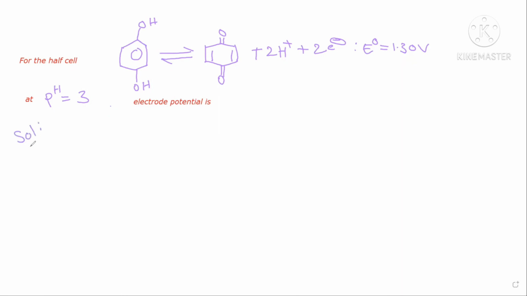So how can we solve the problem? According to Nernst equation, E cell is equal to E naught cell minus 0.06 by n into log Kc, the equilibrium constant.